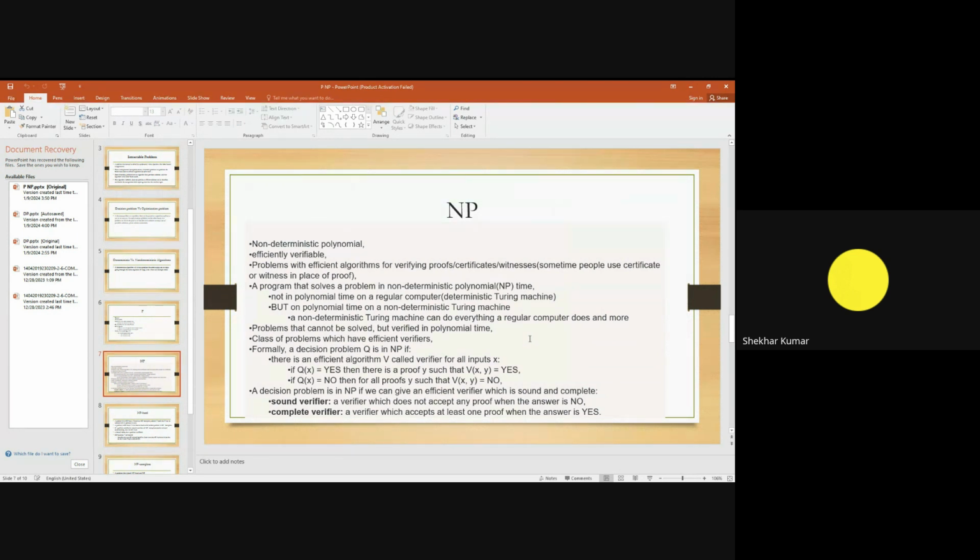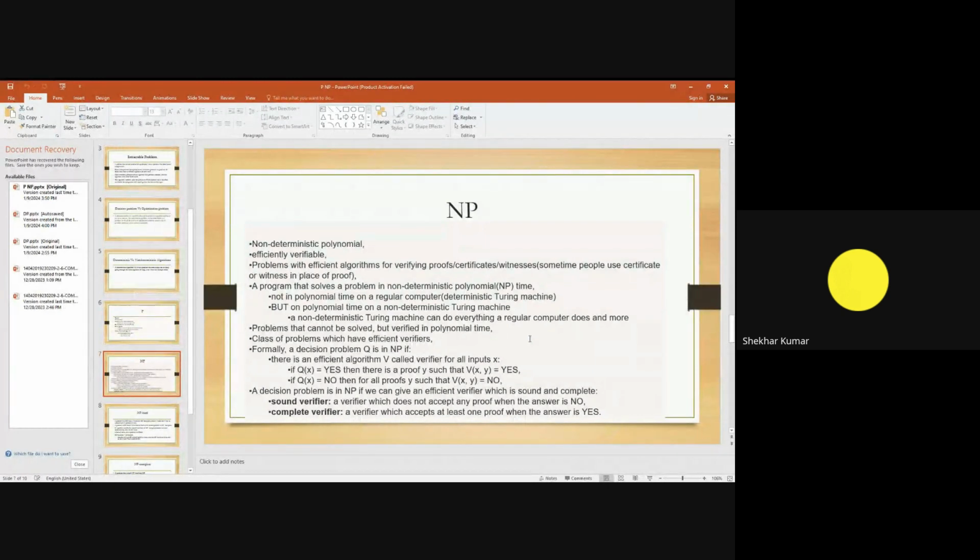But you can easily verify it with the help of a Turing machine, which you will learn about in the theory of computation. So an NP problem can be verified by a Turing machine in polynomial time.